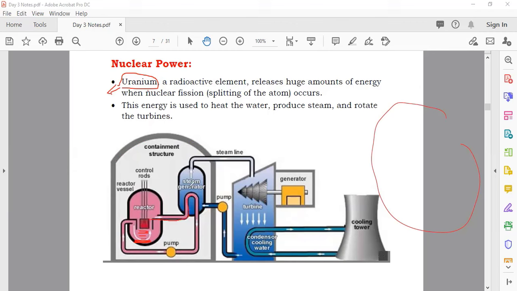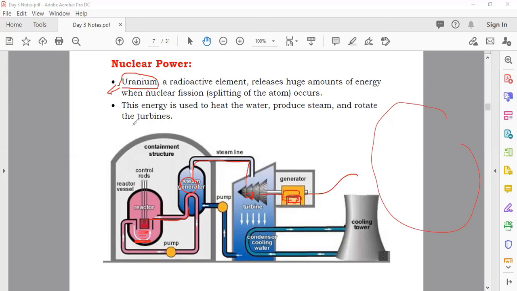That steam at high pressure goes to the turbine and moves the turbine. This turbine is fitted with the generator, and inside the generator you have a coil, and when that coil moves, electricity is produced.